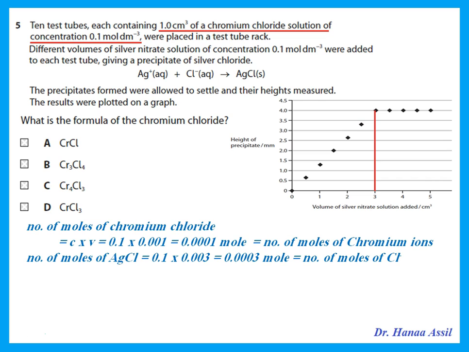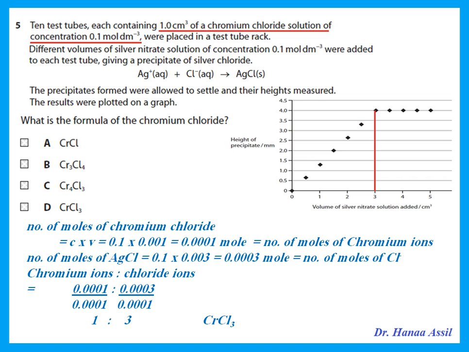So this gives me the number of moles of silver chloride, and that is the same as the number of moles of chloride. So now I have chromium to chloride. We divide by the smallest, and that gives me a ratio of 1 to 3. So my formula is CrCl3.